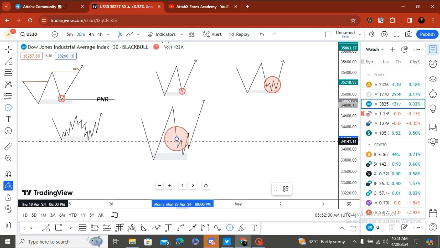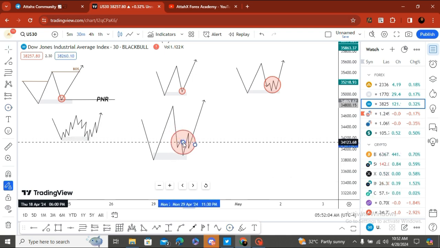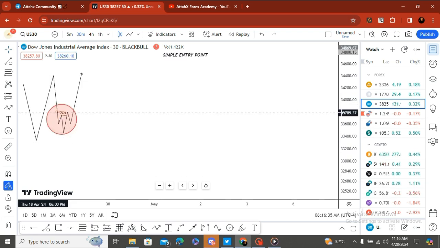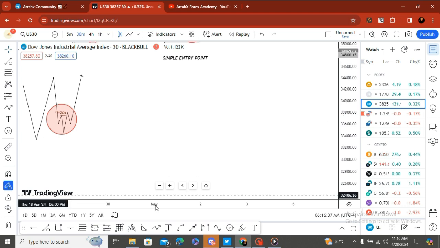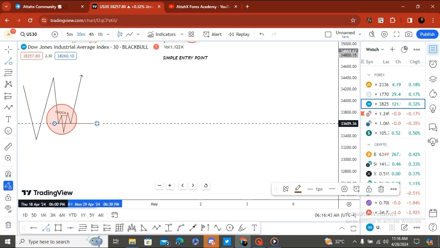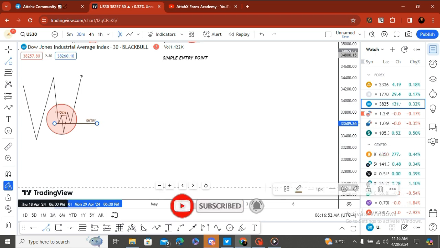This was the pattern formed when you got your entry, that is your mitigation on the demand zone. And this pattern is what we call a head and shoulder pattern, which usually our entry point is meant to be here, right?